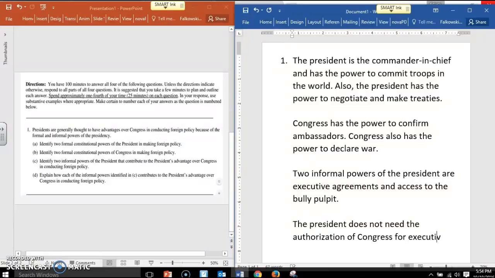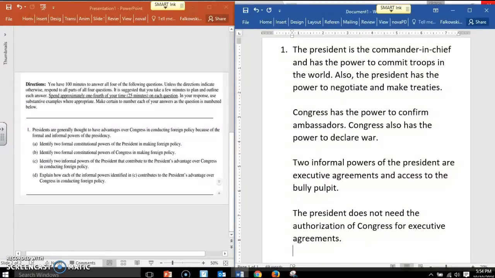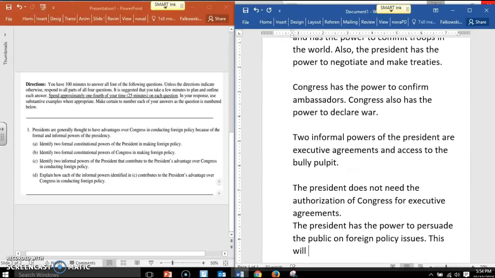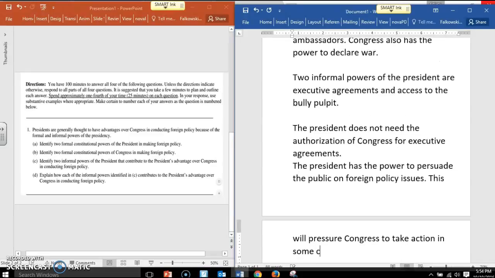And then with respect to the bully pulpit, you can say certainly the President has the power to persuade the public on foreign policy issues. This will pressure Congress to take action in some cases.